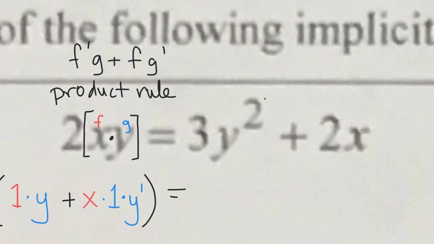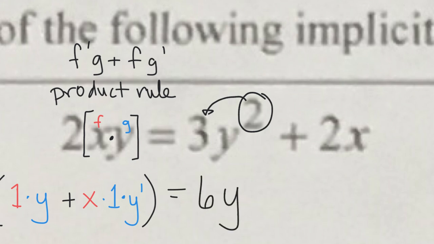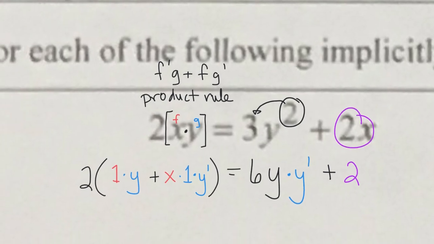So we multiply the power times 3. 2 times 3 is 6y, so that's the derivative of 3y squared, but we also have to multiply it by y prime. Okay, every time we take the derivative with a y term, we always have to have a y prime as part of the derivative. And what's the derivative of 2x? Just the number 2.